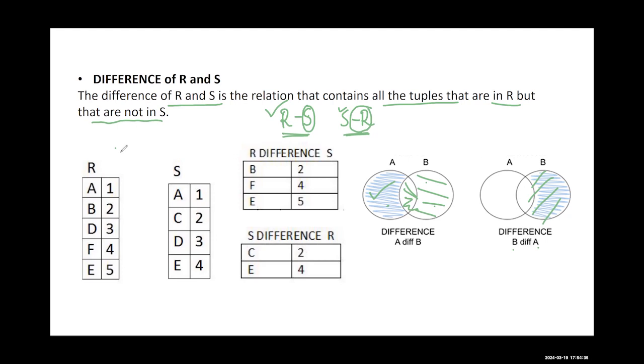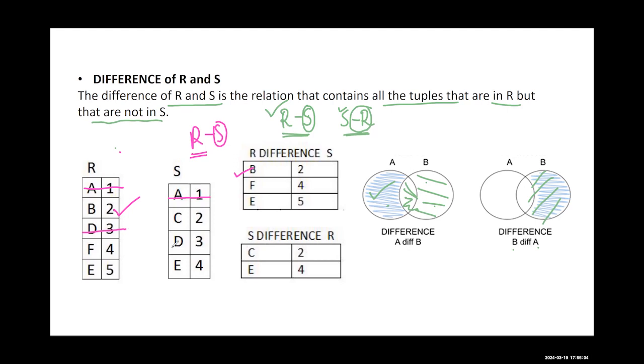Now see this example here. I have R table, I have S table. If I say R minus S, as I told you, I'm going to keep all the values of R. Whichever is common, I'm going to subtract, and whichever is there in S I'm also not going to keep. Let us see which is common. A1 is common, so I'm not going to keep it. B2 is here, B2 is not there in S. So this is eligible to be there in my resultant relation.